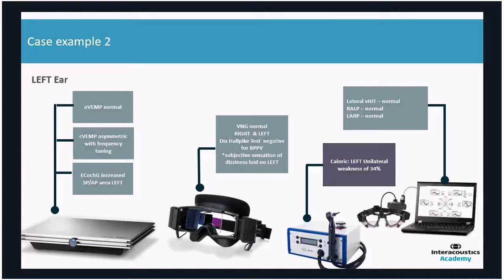So we do have presentations that can show hyperfunction, particularly through conditions such as endolymphatic changes in Meniere's disease, that would be more reliably presented within a caloric or a VEMP or an ECochG measurement, but not necessarily, certainly in the earlier portions of the disease progression, on a vHIT assessment.